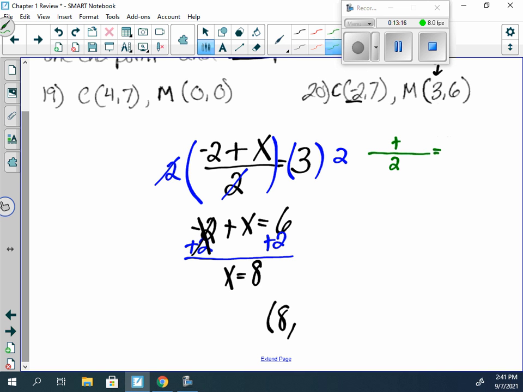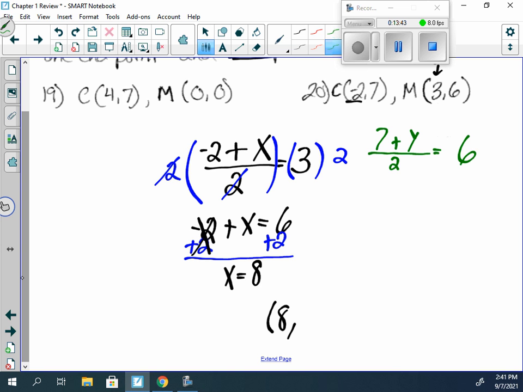Now if we add the y values of the 2 endpoints together and divide by 2, we get 6, because it's the y value of the midpoint. So what are the endpoints that we know? 7, and we don't know the other one. Now what do we do next?